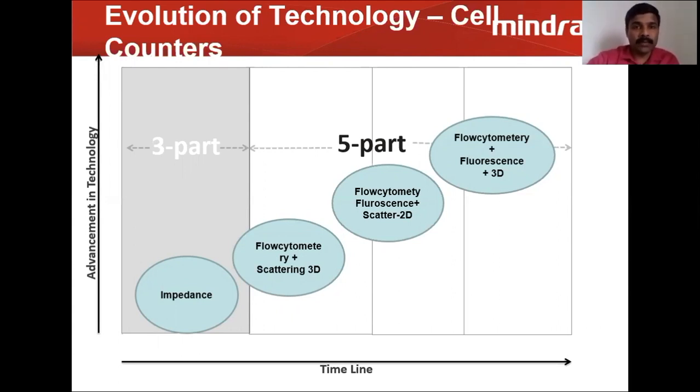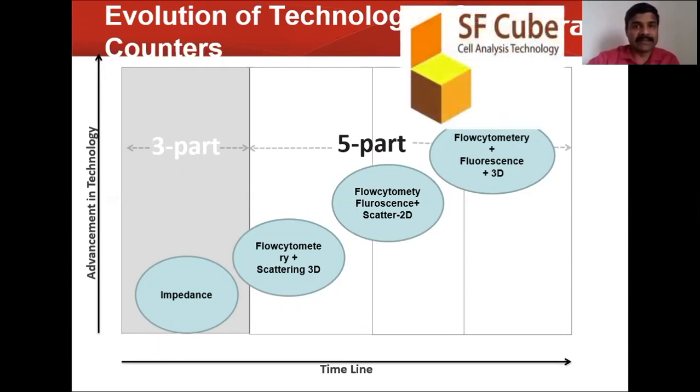Now we are not only concentrating on WBC, we are concentrating on all 3 cell lines, WBC, RBC, and platelet, to have a better analysis of all these parameters. This technology we call SF-cube technology, where we incorporate fluorescence and flow cytometry with 3-dimensional analysis to have a better resolution of cell populations.